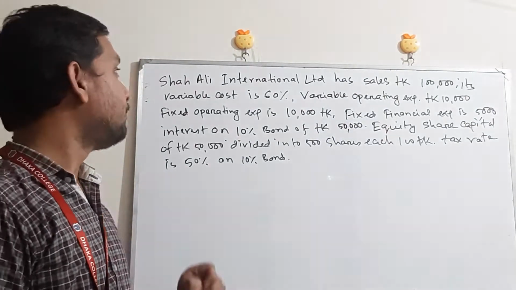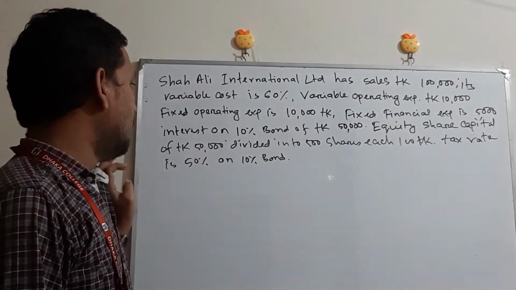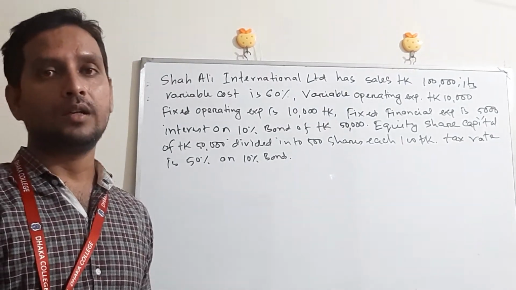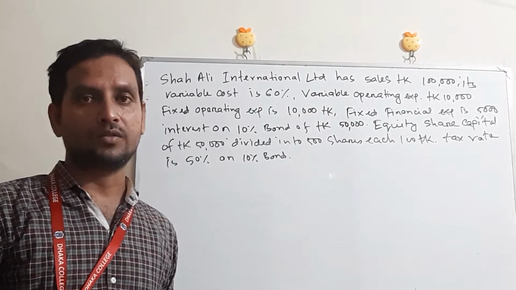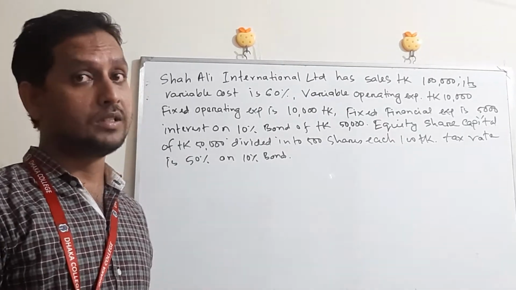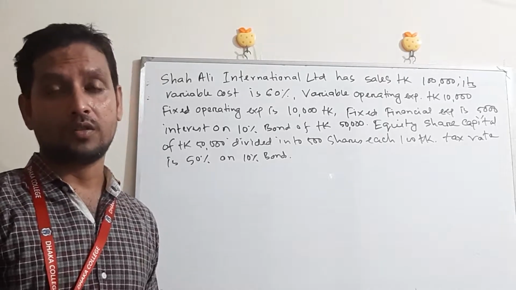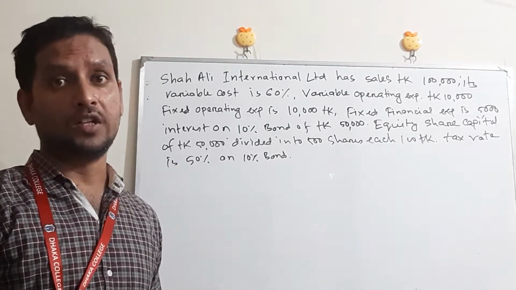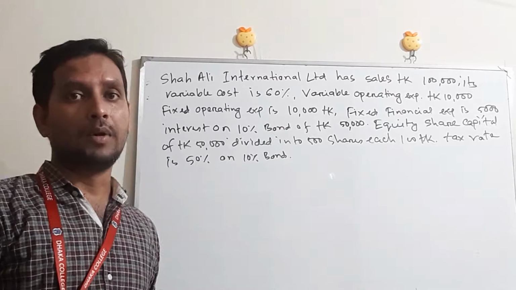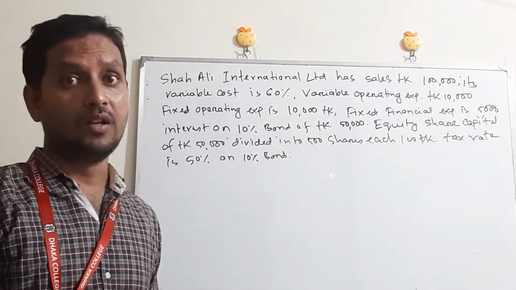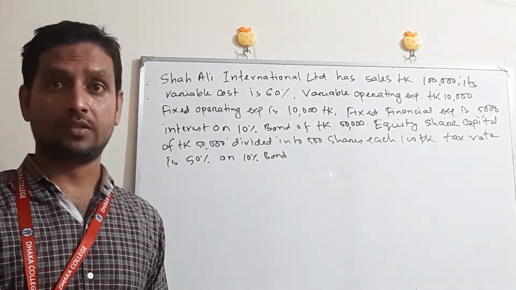Already in the previous class we learned that if there is no fixed cost, there is no leverage. But if the sales become double, then what will be the EPS?